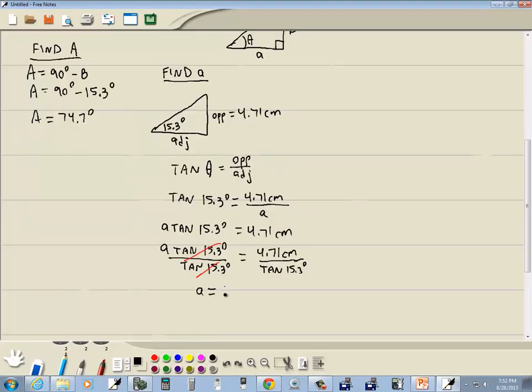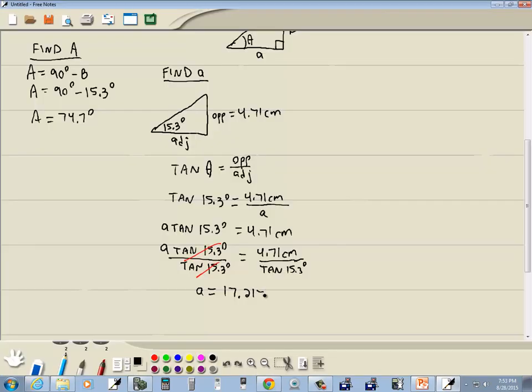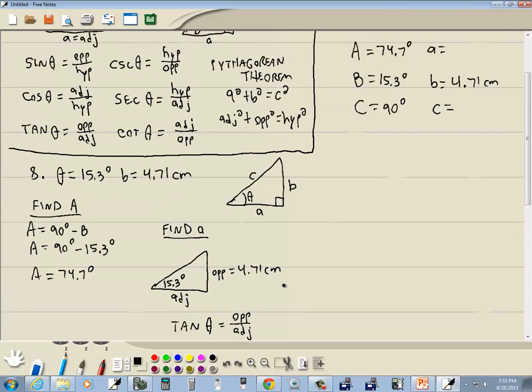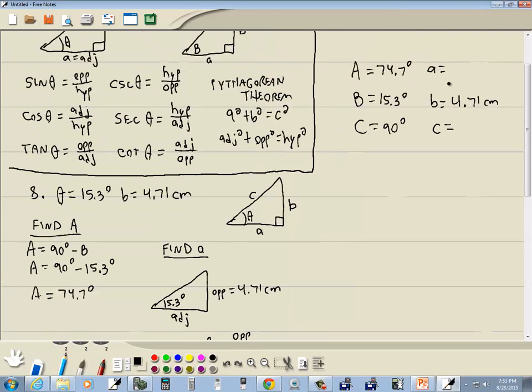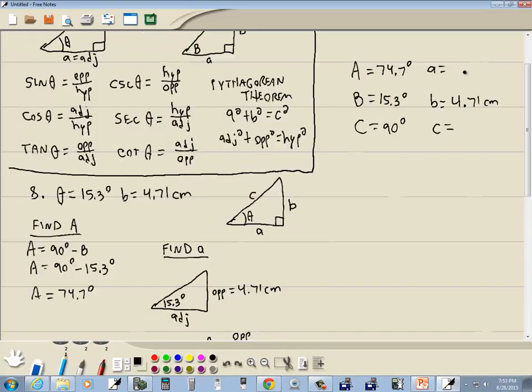So we get A is equal to, and I'll take it to 3 decimal places, 17.217 centimeters. So we now know what A is. What did I say it was? 17.217 centimeters.